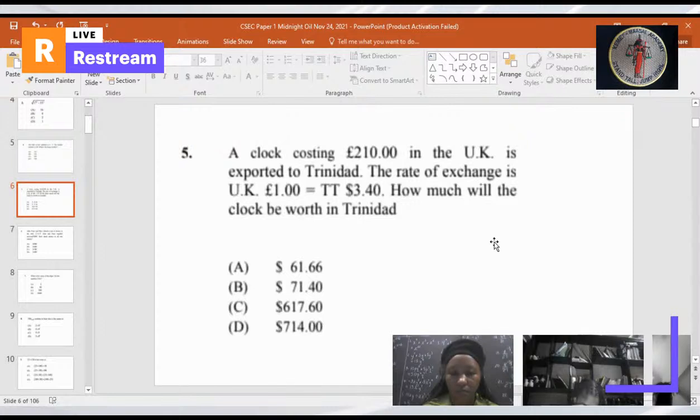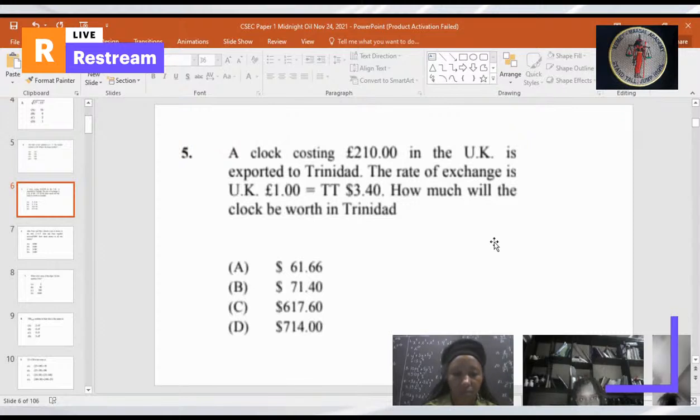How much will the clock be worth in Trinidad? So 1 UK pound is $3.40 TT dollars. So if it's worth 210 pounds, how much would that be in TT?